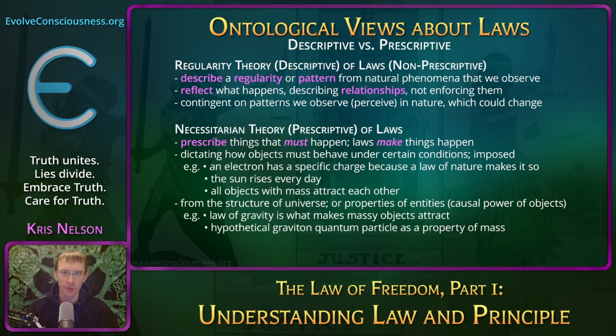When we talk about gravity, which I'll talk about more, when things attract, it has to do with mass, but is it something within the mass, like a hypothetical graviton? Or is it this law, this thing that we're talking about as a law, that is making that attraction happen? So these are two aspects within the necessitarian prescriptive theory of laws of nature.